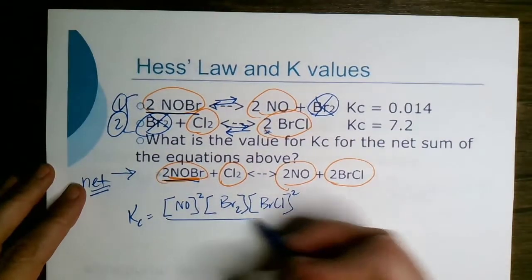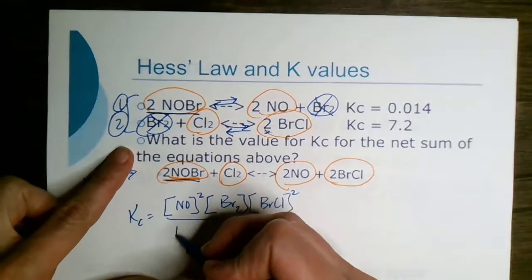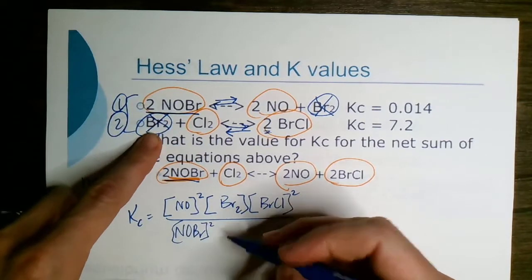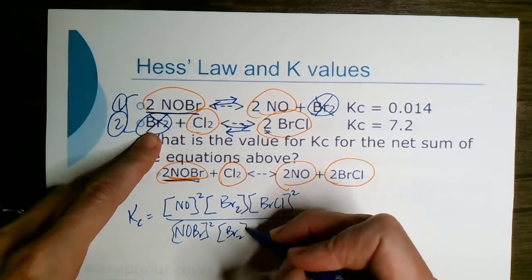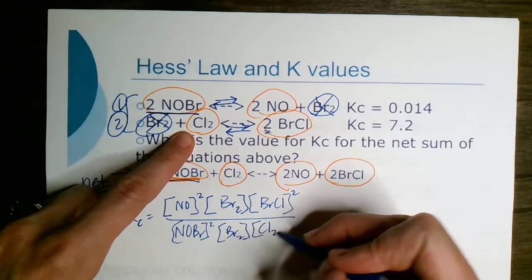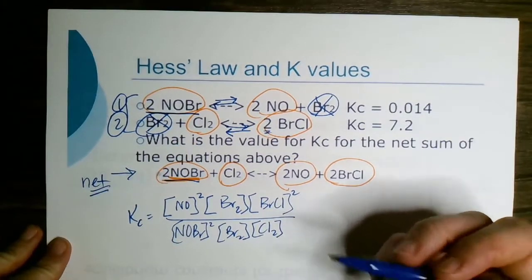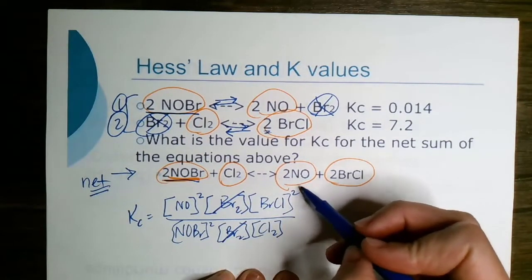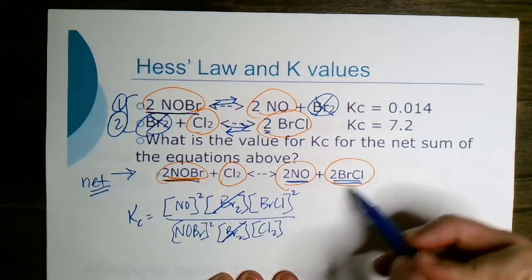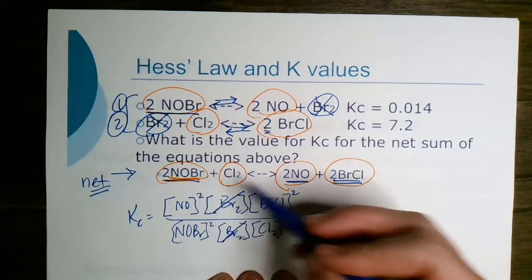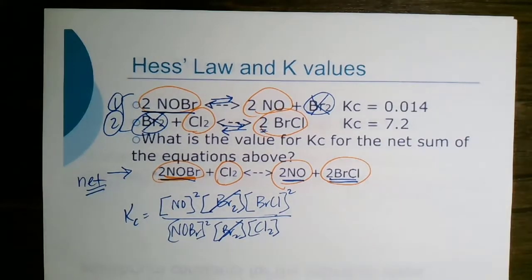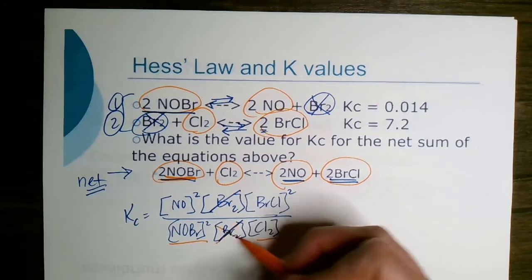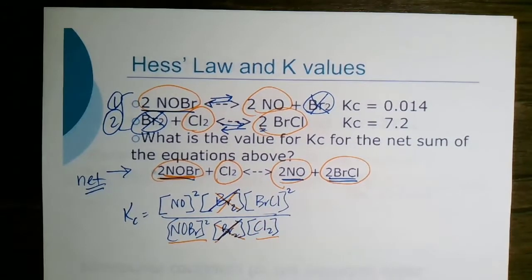So products over all of my reactants. I'm going to write all of these down. NOBr squared, 1 bromine, 1 diatomic chlorine. So here we can see cancel, cancel. So yes, now when I look at my products, I have my NO, my BrCl, again, squared, and my reactants, NOBr squared, diatomic chlorine. So these are both canceled out.